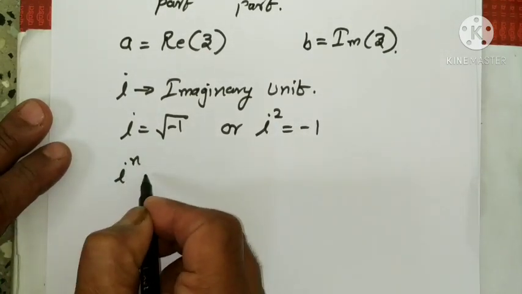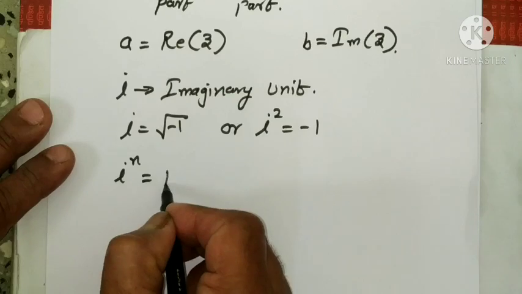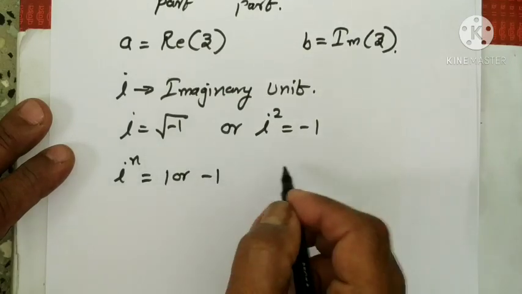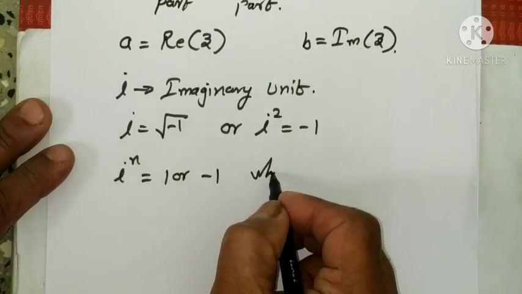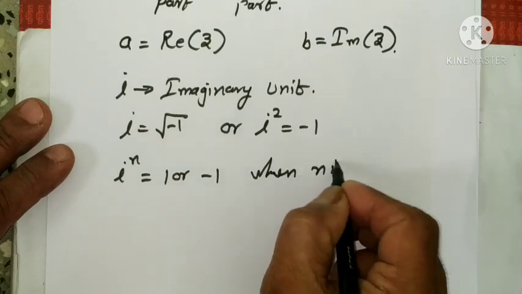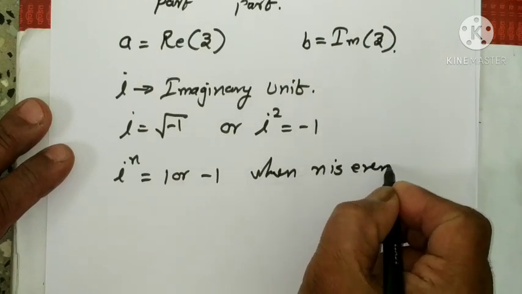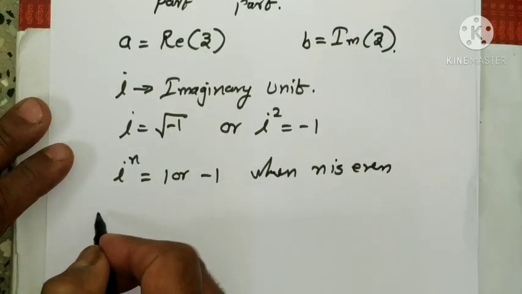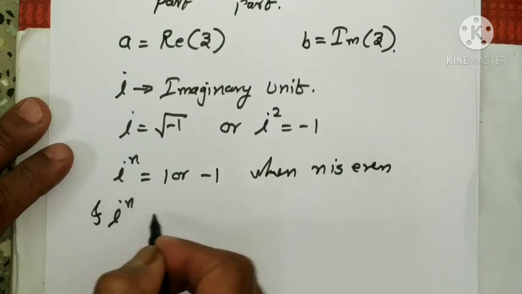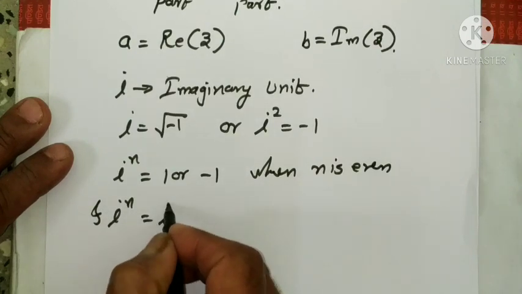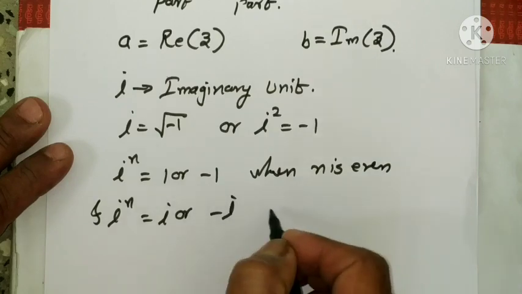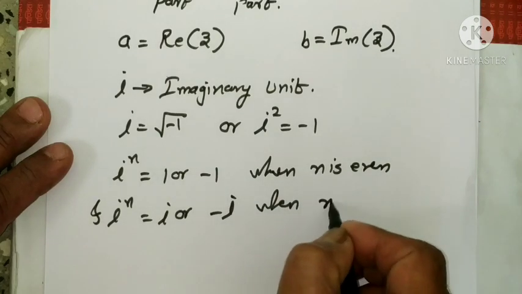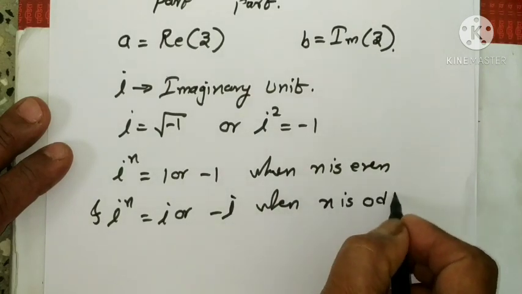i raised to n is equal to 1 or minus 1 when n is even, and i raised to n is equal to i or minus i when n is odd.